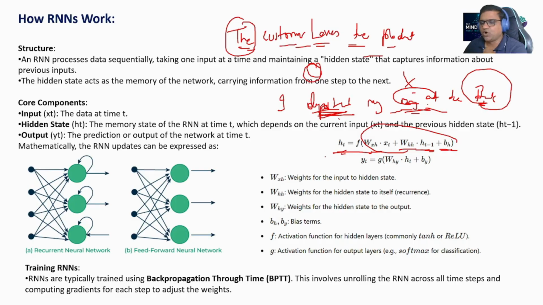For example, what I know now equals what I just saw plus what I remembered earlier. That's it. This is the equation. I've given here weights for input, weights for hidden state, and a bias term. Then the activation function, which we discussed, smoothens the calculation while moving to the next stage.